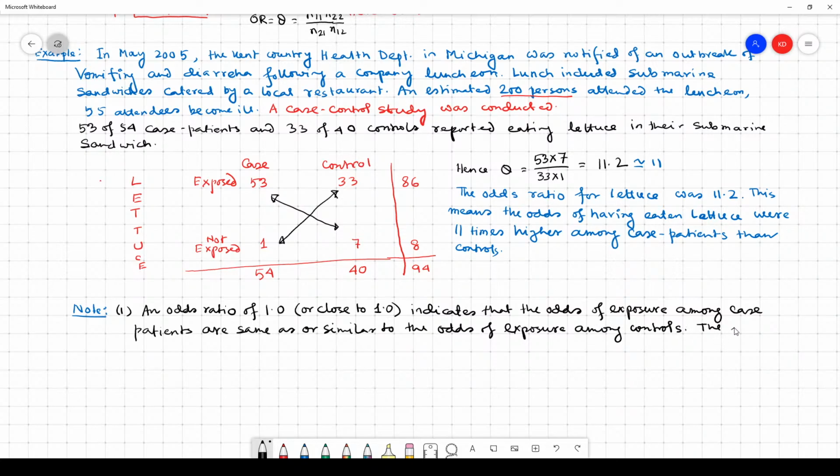The exposure is not associated with disease.